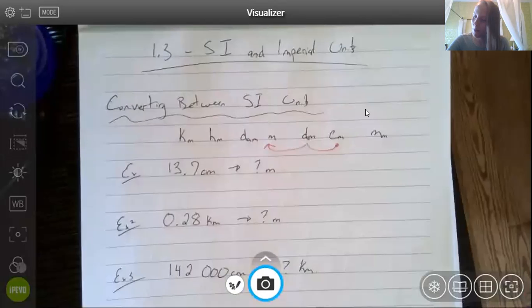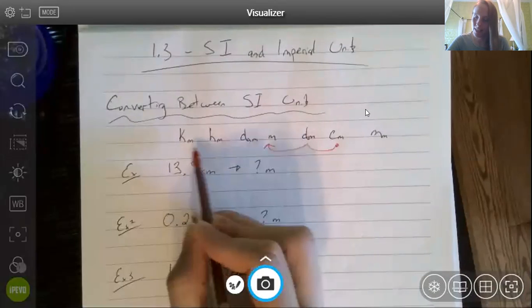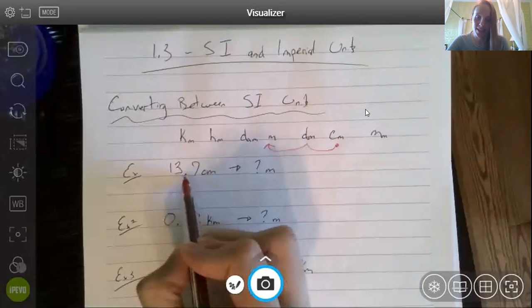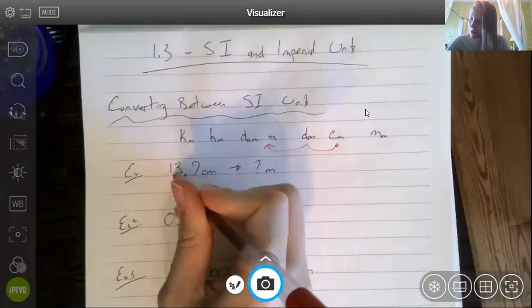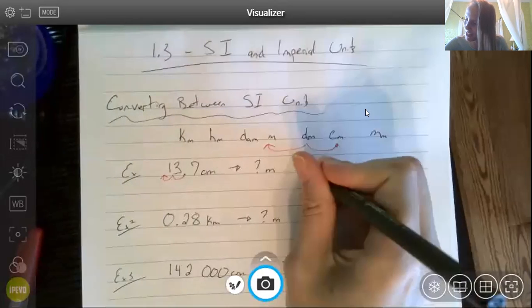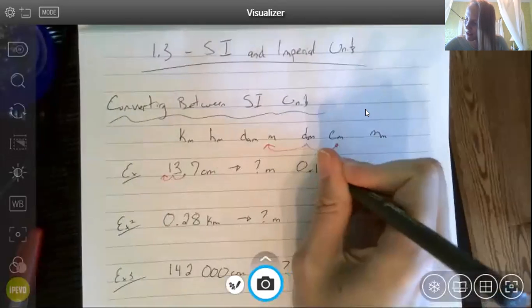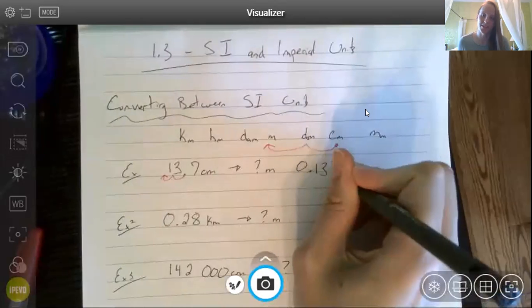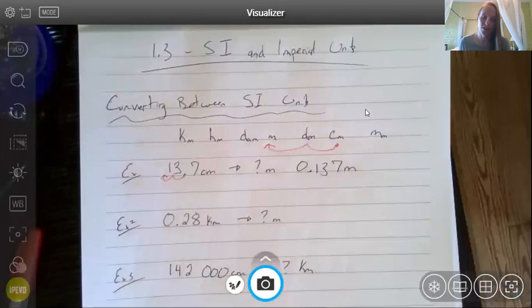And so now I'm going to go back to the number I was given. I'm going to start wherever the decimal place is and move 2 spots to the left. So 1, 2. That leaves me with my answer being 0.137 meters. You could also divide by 100 and you would get the same answer.